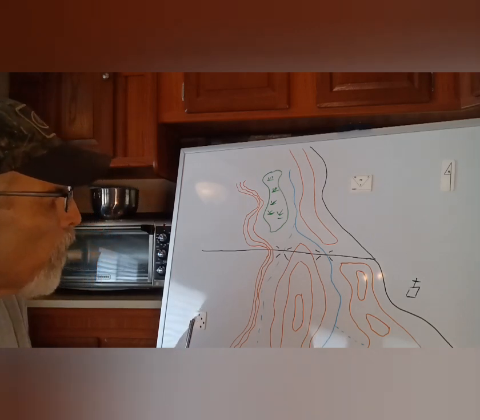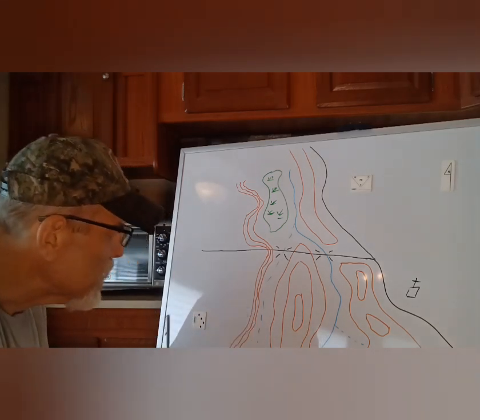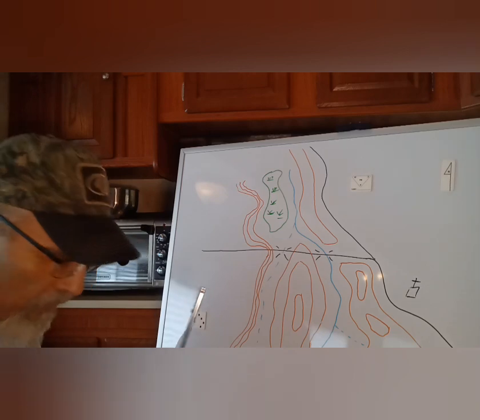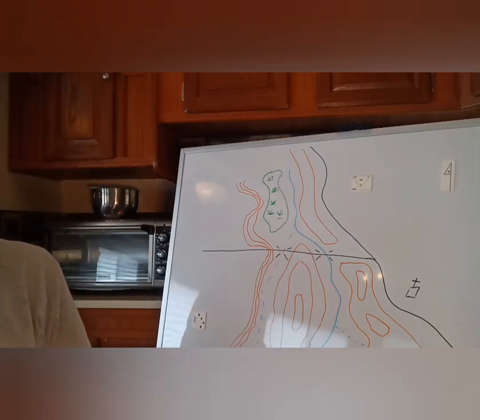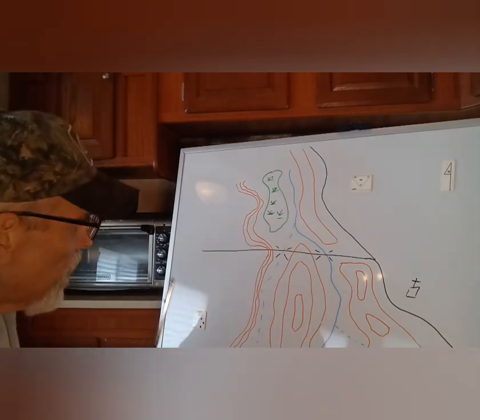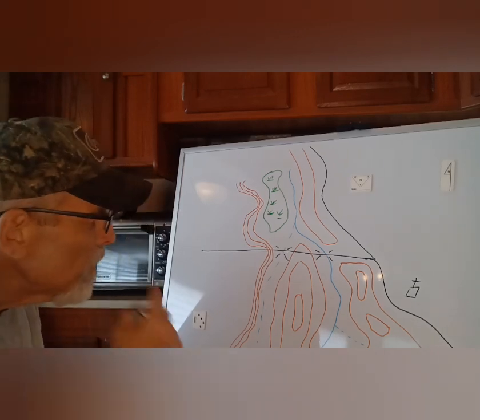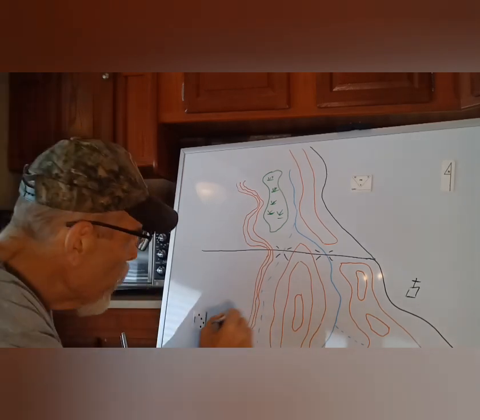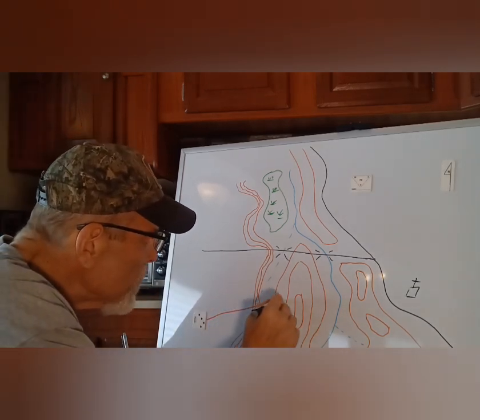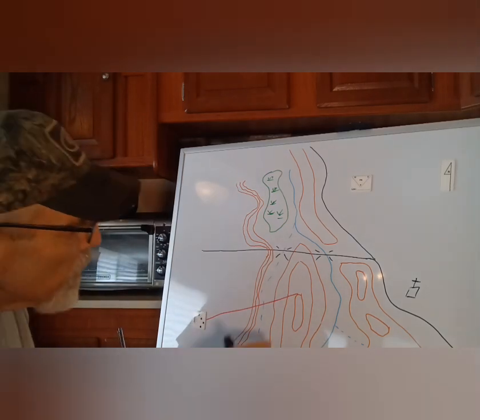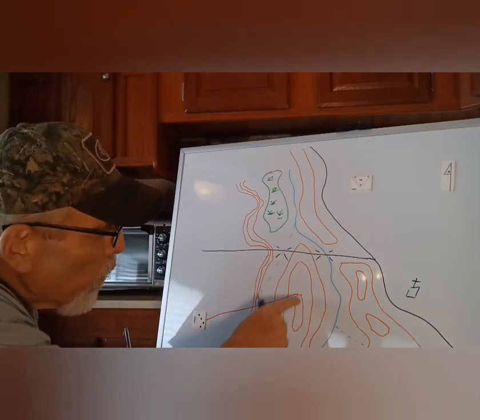Now, let me find a different color. Okay. We're going to use this leg first. And I know that ain't a straight line. But this is the highest point of this hill.